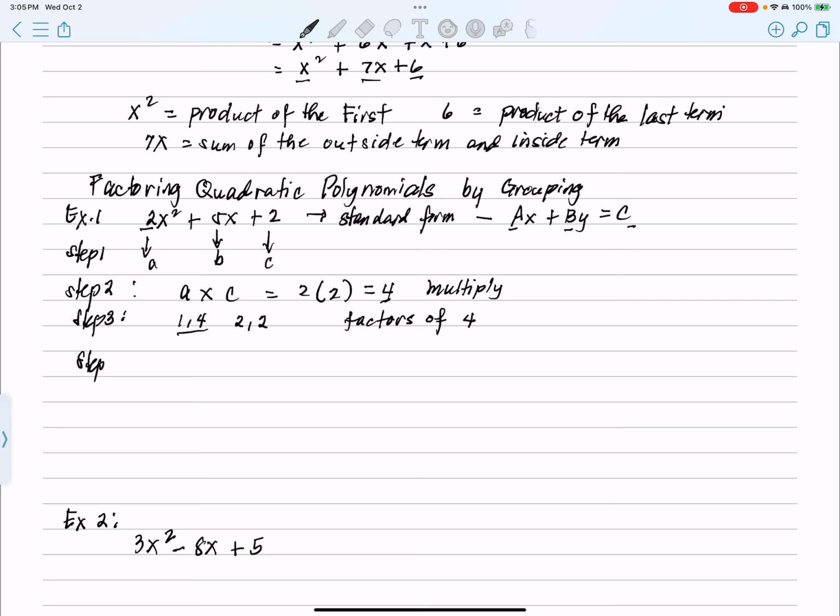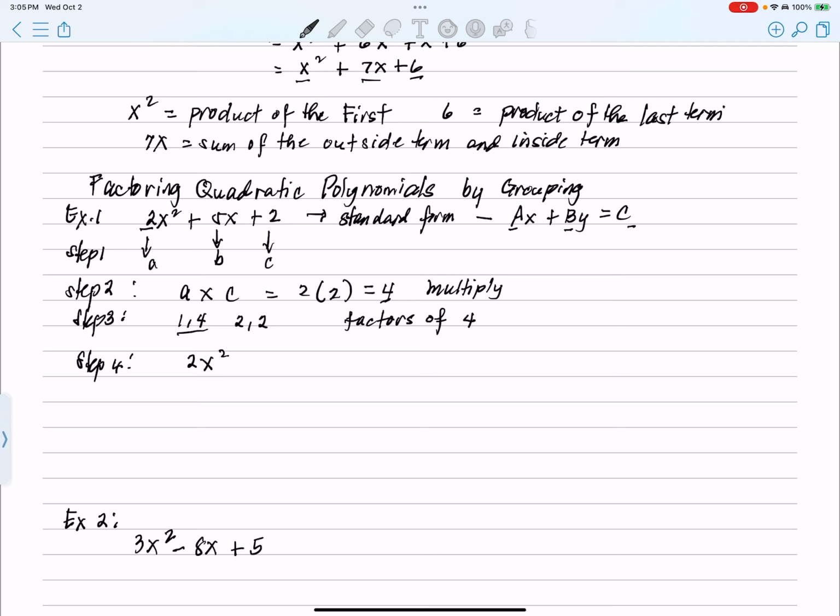Let's do step 4. You are going to rewrite the trinomial as a 4-term polynomial with 2 linear terms whose coefficients are the values from step 3. That means I'm going to rewrite this again, but it should have 4 terms this time.